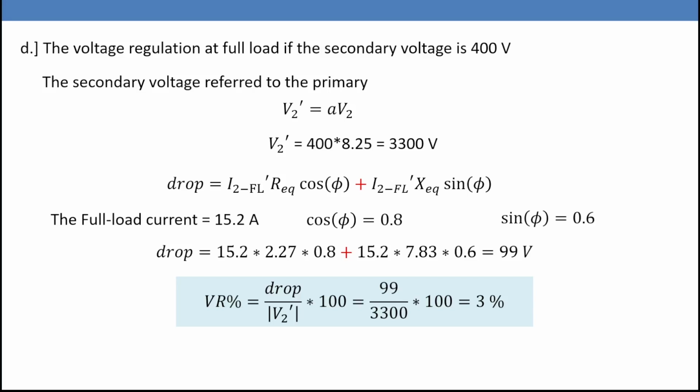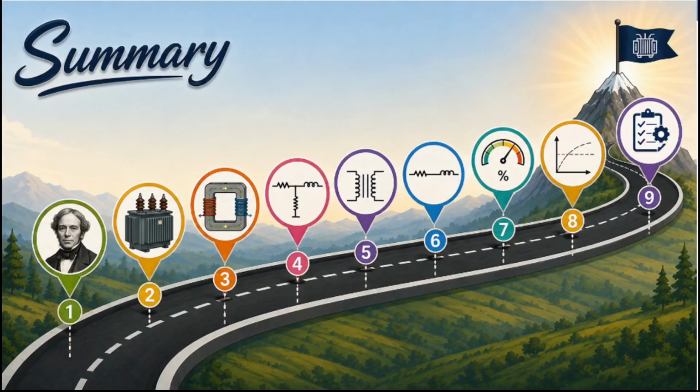Before we conclude this course, let's take one final look at the transformer journey we have completed together. We began by understanding the importance of the transformer and why it plays such a vital role in modern power systems. From there, we explored transformer construction and learned how each component contributes to its operation.